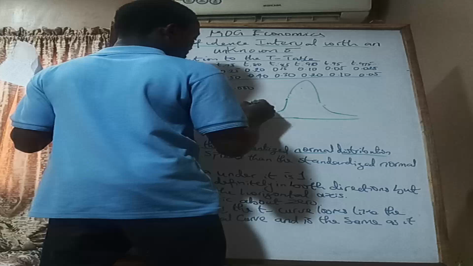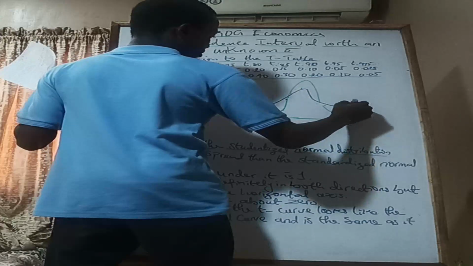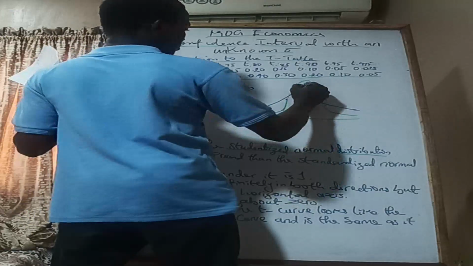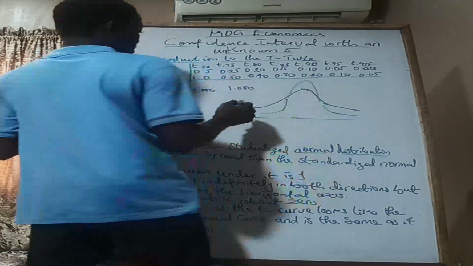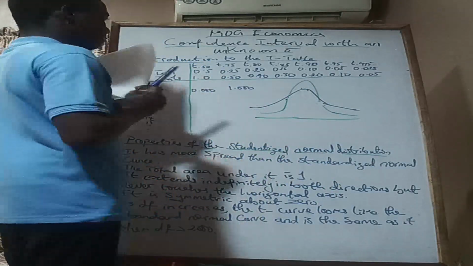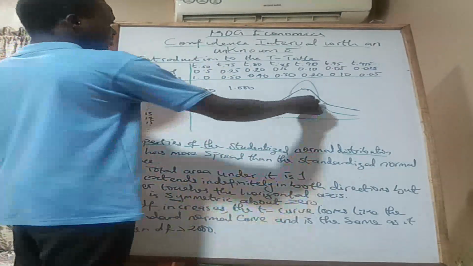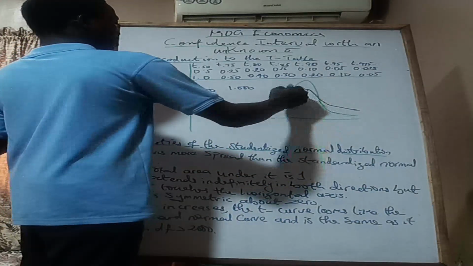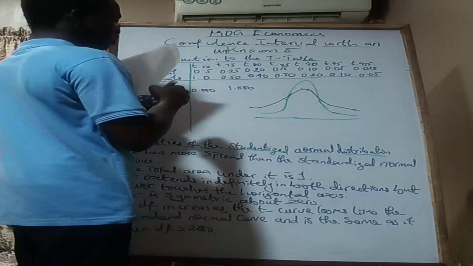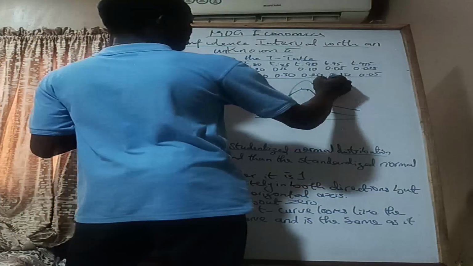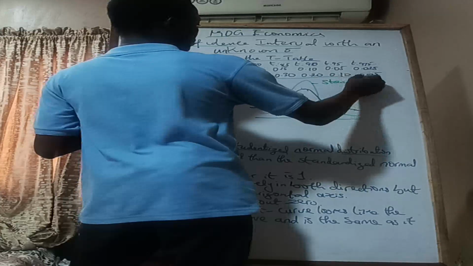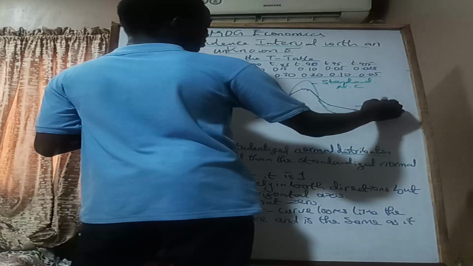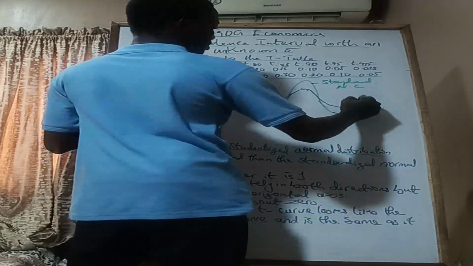So you have the same mean, but then more standard deviation. Remember when I was teaching this, I said the more the standard deviation, the flatter the curve. So basically, your T curve is flatter than your normal curve. This would be the standard normal curve, and this is the T curve.